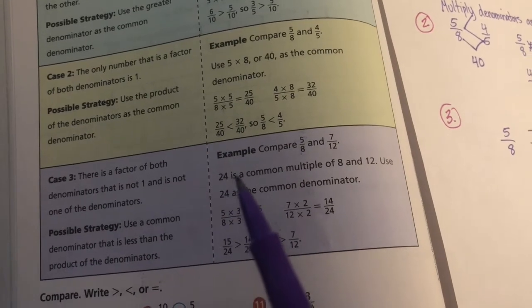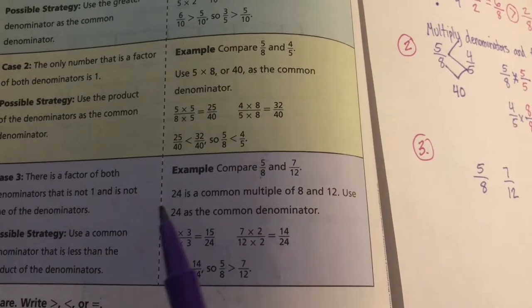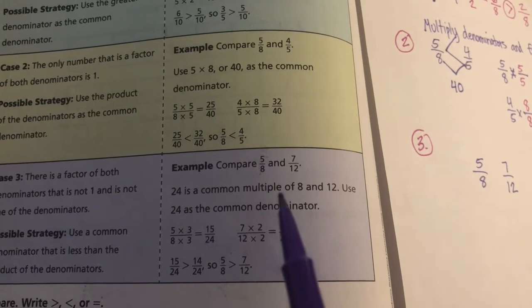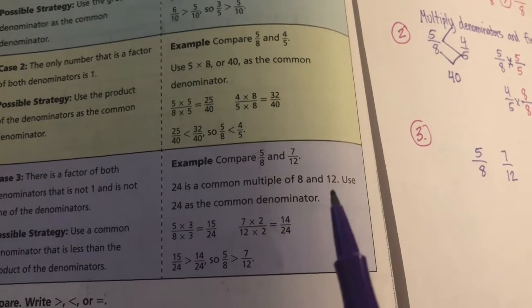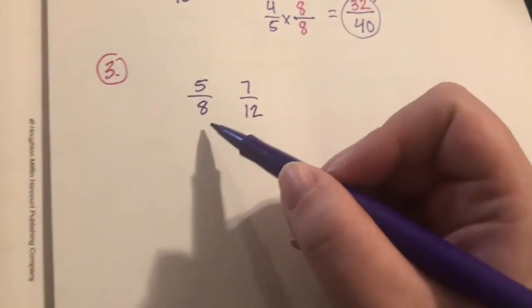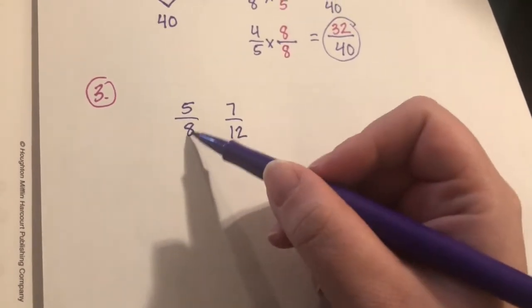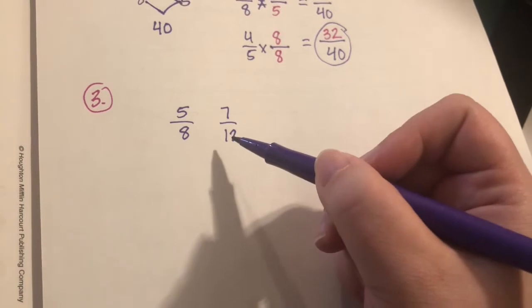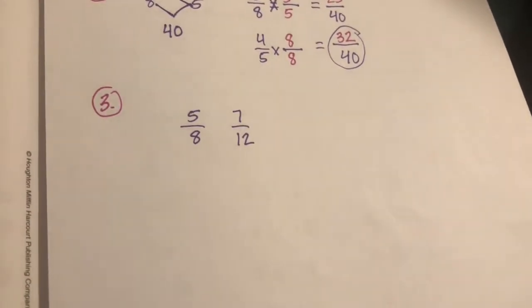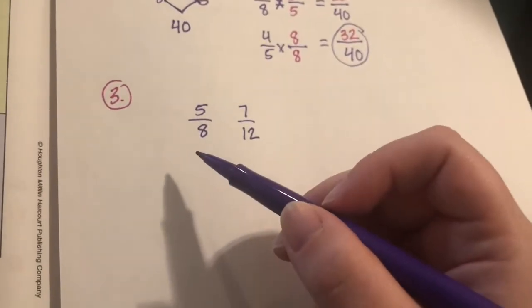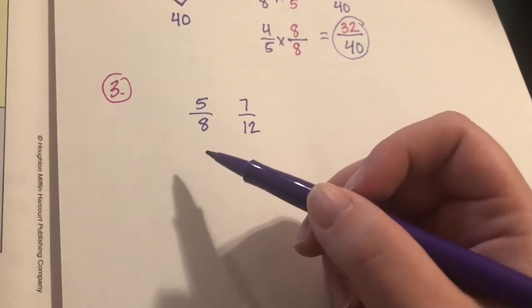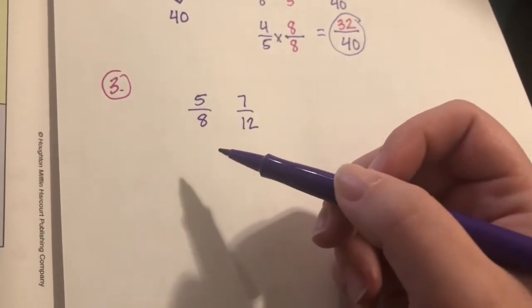Let's see. Okay, so in this it says 24 is a common multiple of 8 and 12. So think about it: 8, 16, 24. 24 is a multiple of 8. 24 is also a multiple of 12. You can find what's called the least common multiple.